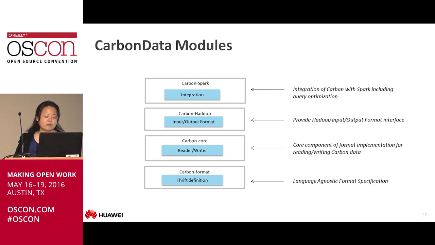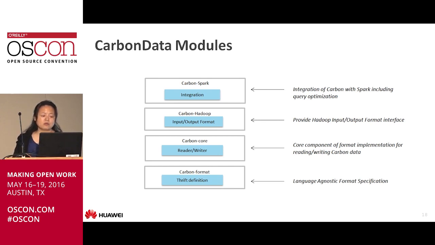On top of that, we have Carbon core. This is a Java implementation of the file format with the basic reader and writer API. With the Carbon core module, we essentially enable integration with any other data processing engine, framework, or data model.